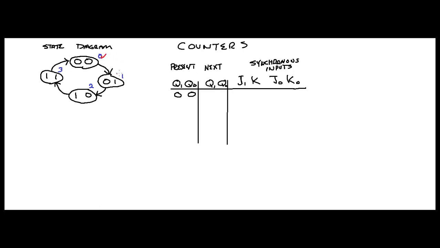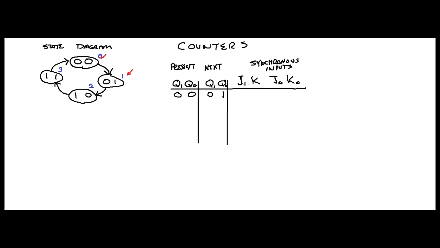Our next state, if we follow it, is going to be right here. It's going to be 1, 0. So our next state is going to be 1, 0. All right, very good. Now, how did we get there?